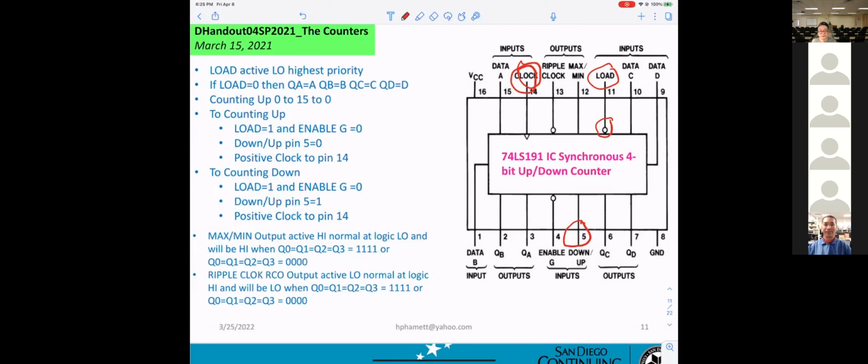However, whether you want up or you want down depends on the logic applied to pin number 5. If pin number 5 is at logic 1, they go countdown. If pin number 5 is at logic 0, they count up.